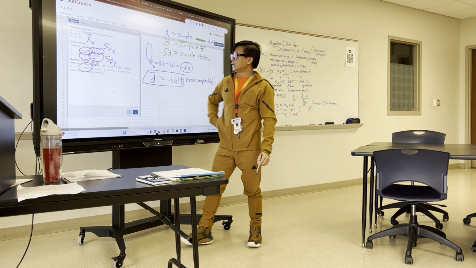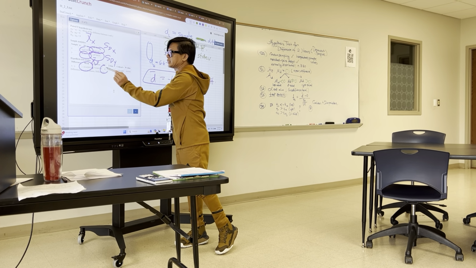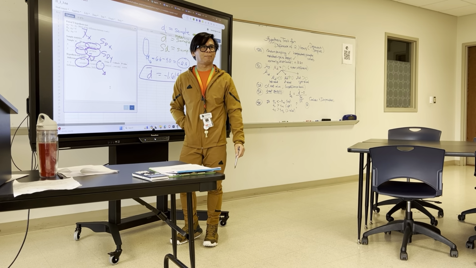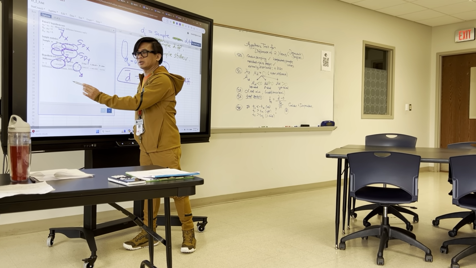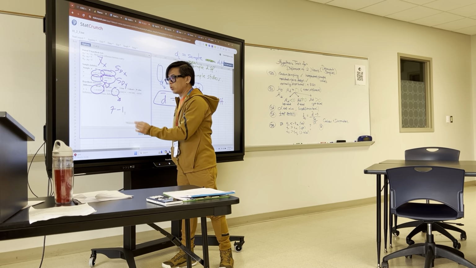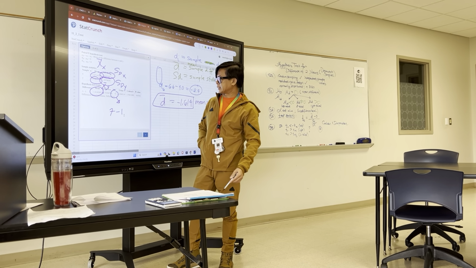The degree of freedom is equal to 6, simply because what's the sample size? 7. You only have a sample size of 7, less 1, then that's going to be 6.